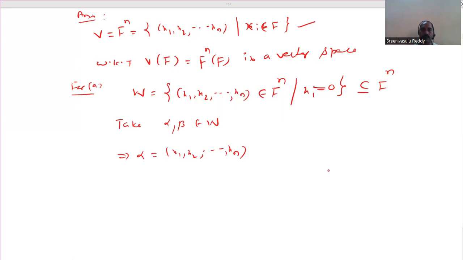Here replace with 0: alpha equals (0, x2, x3, and so on, xn), and beta equals (0, y2, y3, and so on, yn). These belong to Fn. Obviously it belongs to Fn.